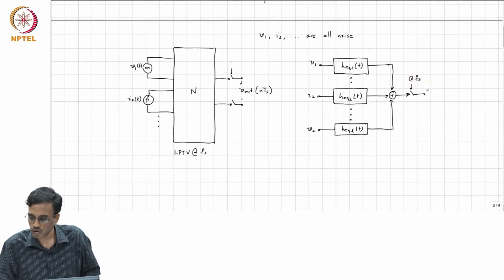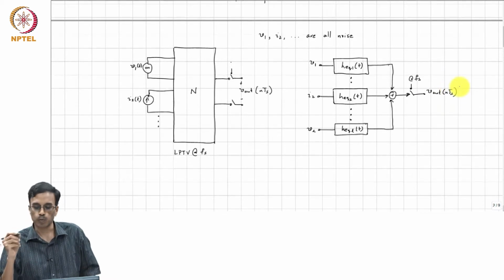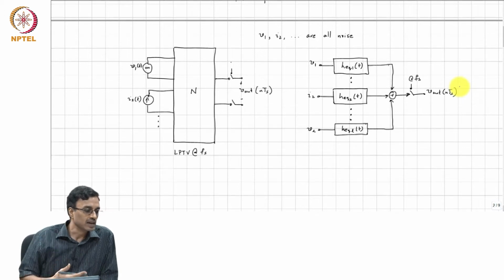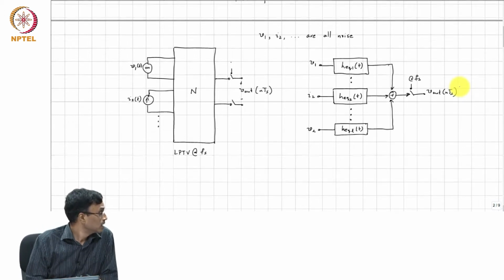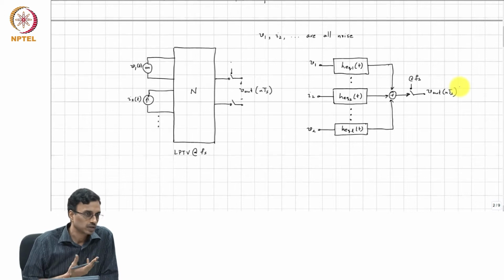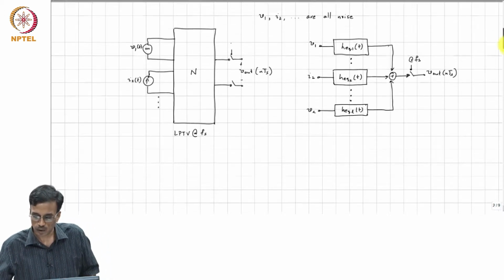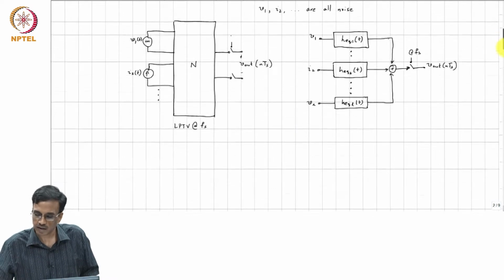So, V out of nTs is simply the sampled output of the sum of multiple linear filters being driven by different sources.